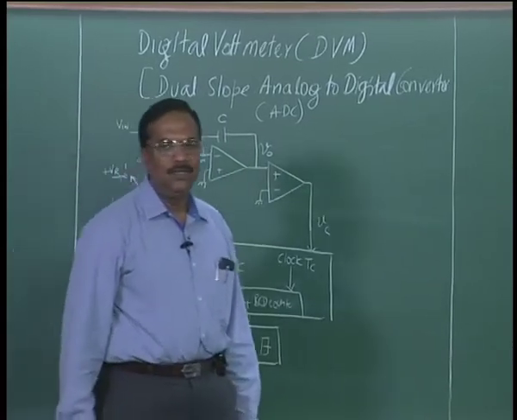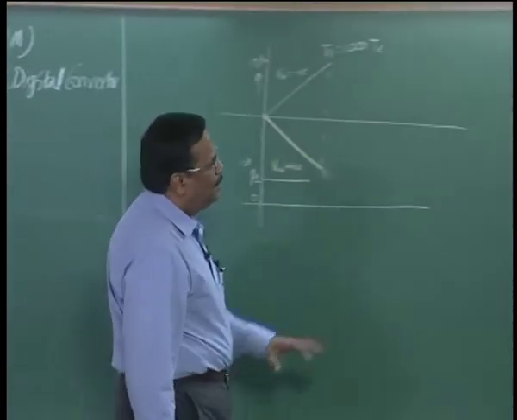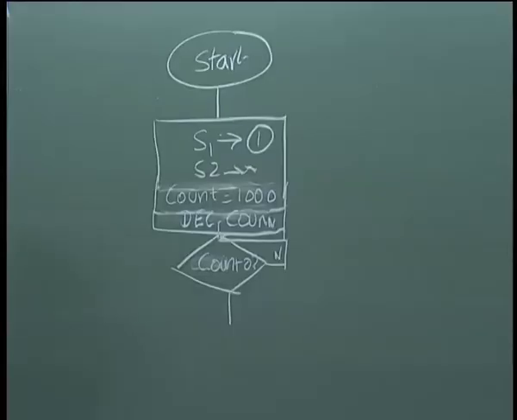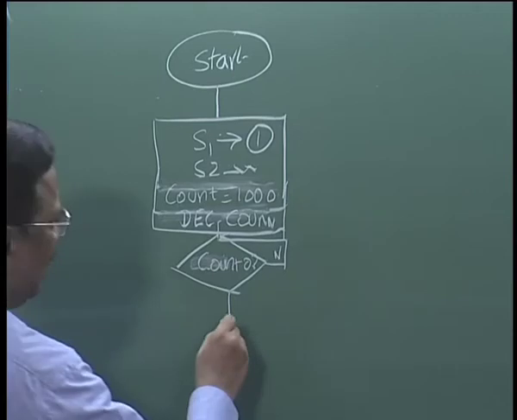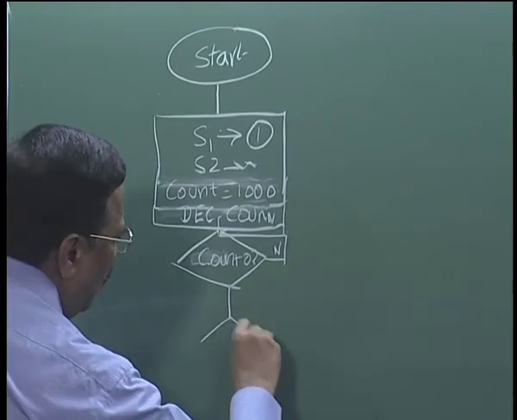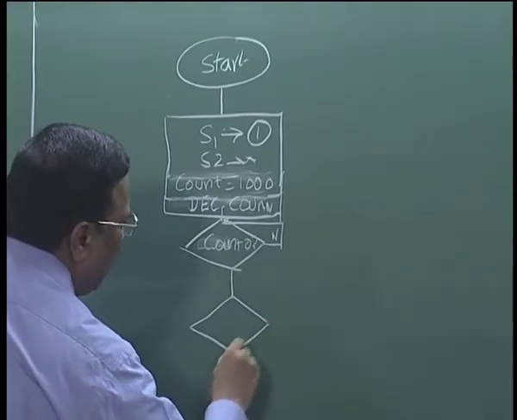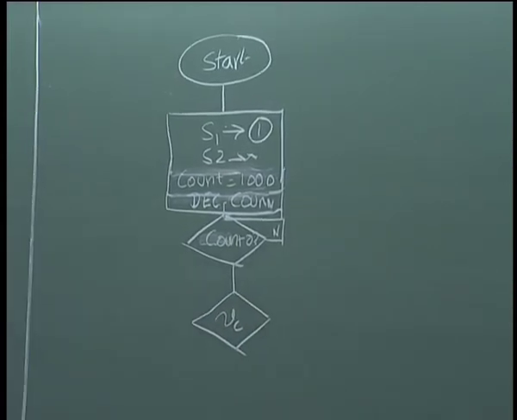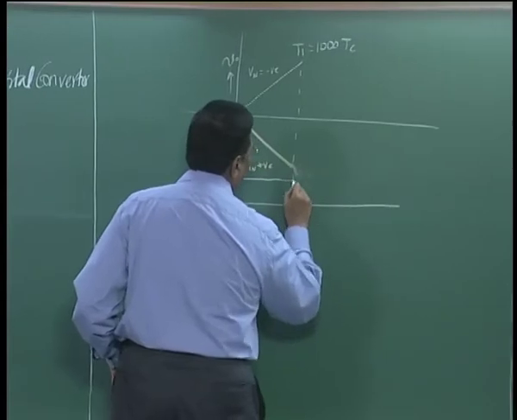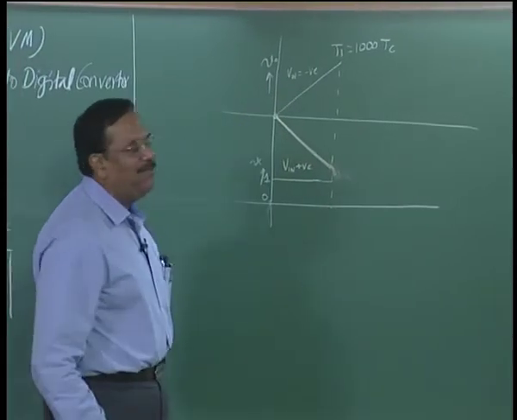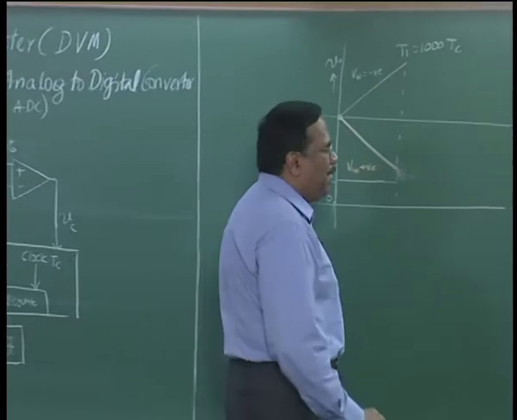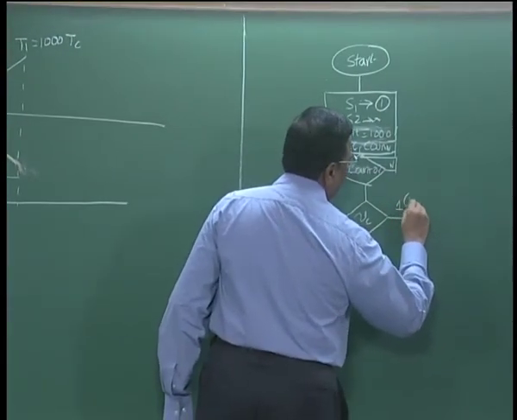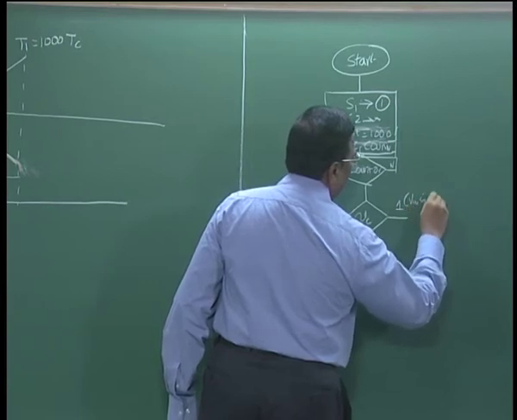So, at the end of T1, when the count has counted down from 1000 to 0, right, the comparator voltage output is checked. So, now we check the comparator. So, if V in is negative, we will get the comparator output to be 1, which means V in is negative.